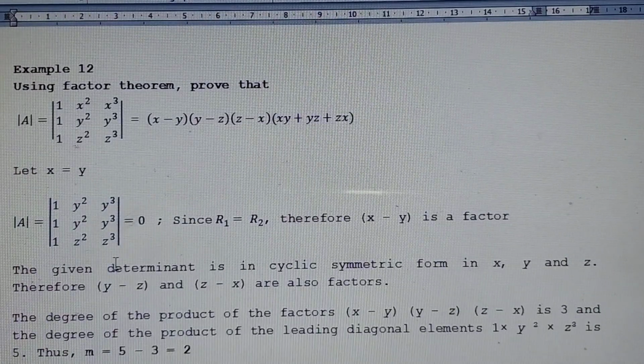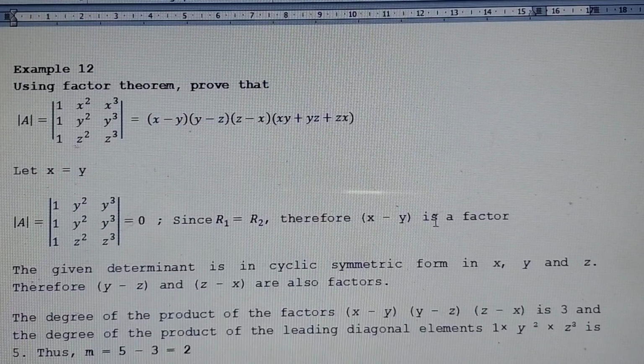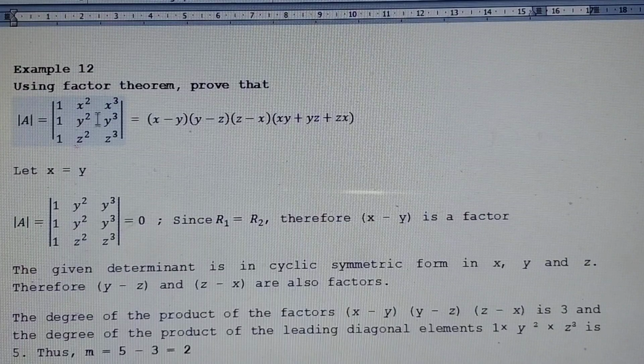So, dito, ang identical ay yung row 1 at saka row 2. So therefore, yung x minus y, so kapag may identical, that is 0. At kapag ganun ang condition, yung x minus y is a factor nitong determinant na to.